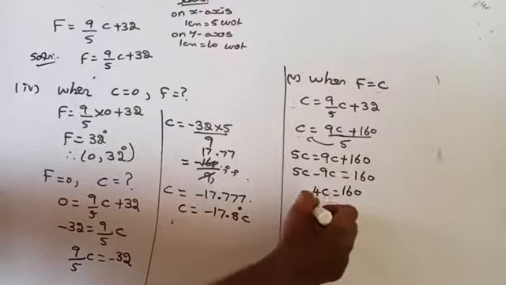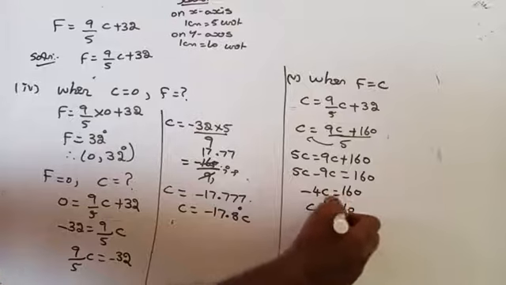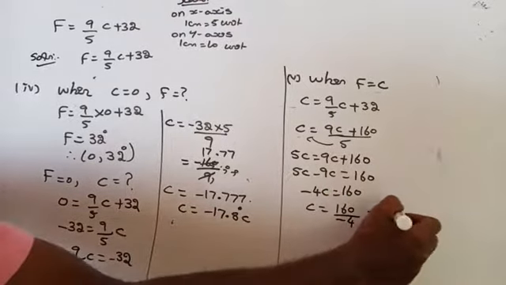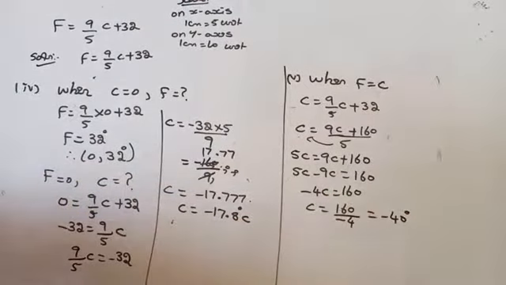Then C equal to 160 by minus 4, which is equal to minus 40. So minus 40 degree is the temperature which is numerically the same in both Fahrenheit and Celsius.